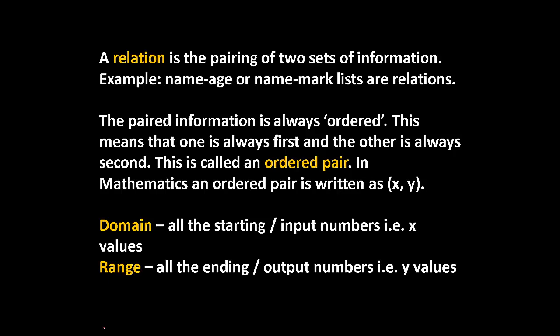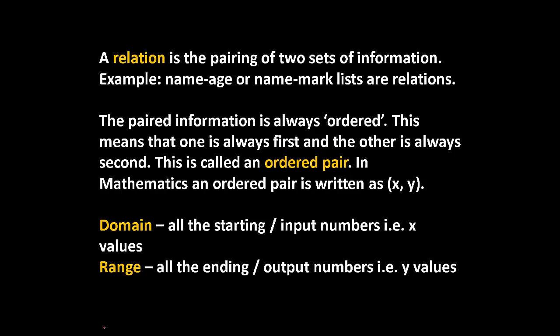Now, the paired information is always ordered. What does that mean when I say it must be ordered? I mean that it has to be in a specific order. The name-age relation will always give me the name, then the age, name, then age. The name-mark relation will give me name, then mark, name, then mark. It will never be mark, name.